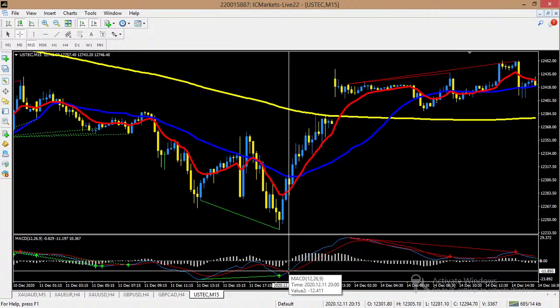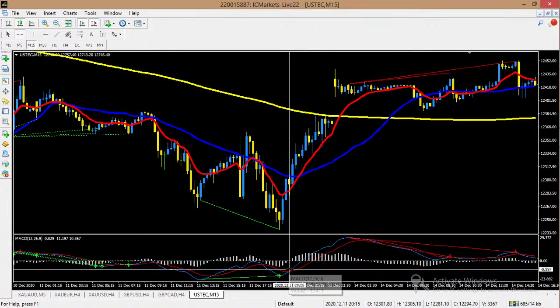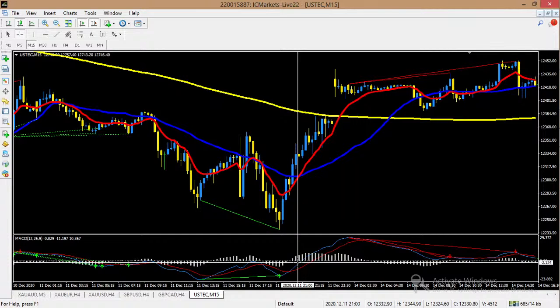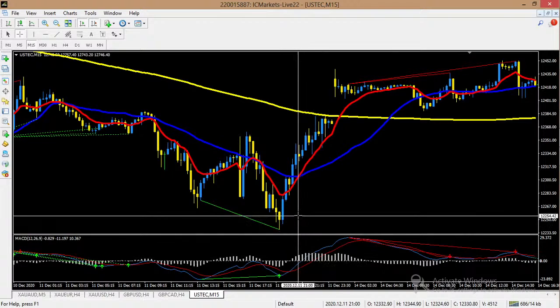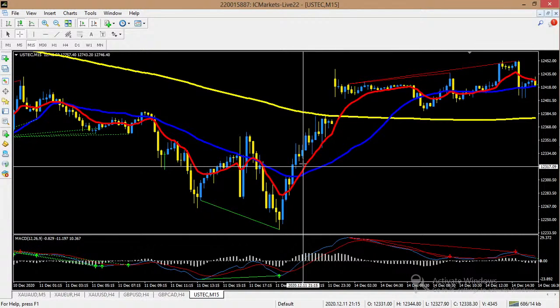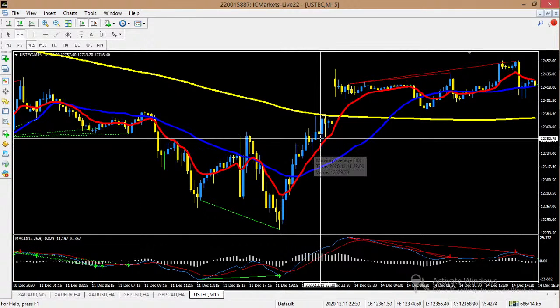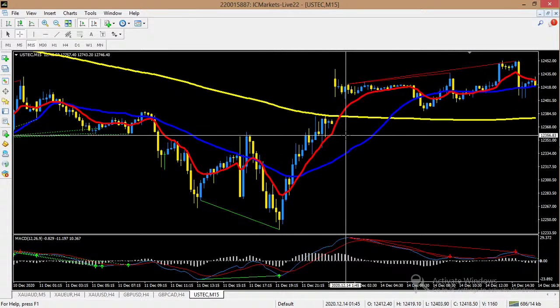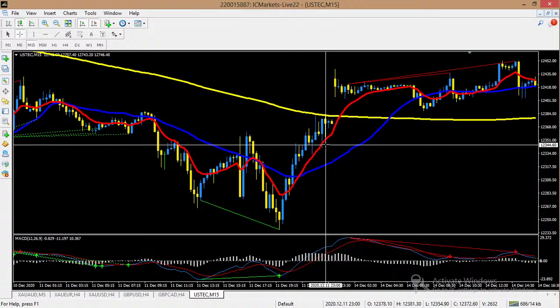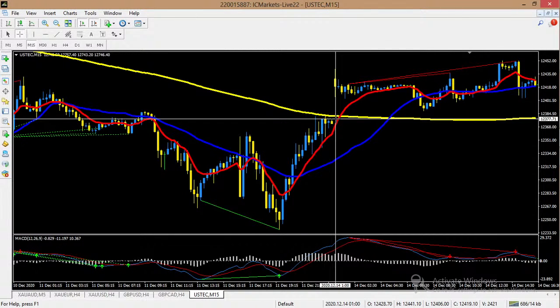but in order to find this critically and determine the entry level, you have to allow the signal line to move above the MACD zero level line. So once it moves above, if I were you, I will still wait to know what the 10 moving average and 34 moving average is going to do, because I used to advise that people should stop trading against the trend.